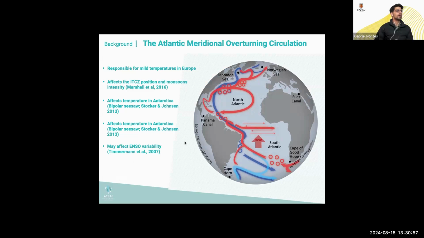But what I really like is this schematic of the AMOC here, because when we think about the AMOC, we usually think about a latitude depth graph, just a 2D view of the AMOC going northwards on the surface and then recirculating towards the equator and towards the Southern Ocean at depth.